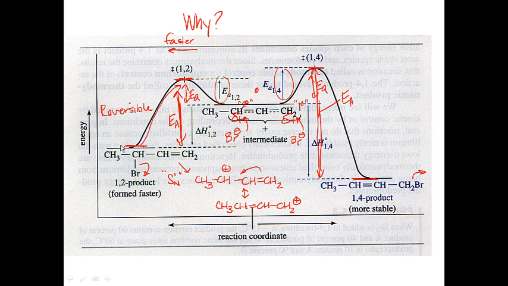But when I have long reaction times and high temperatures, that's when I'm going to end up with more product over here, because it's that reverse barrier that's going to keep products in the 1,4 well or sink as opposed to moving back to the 1,2.